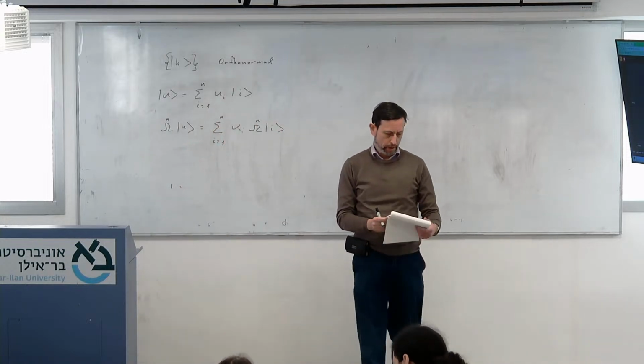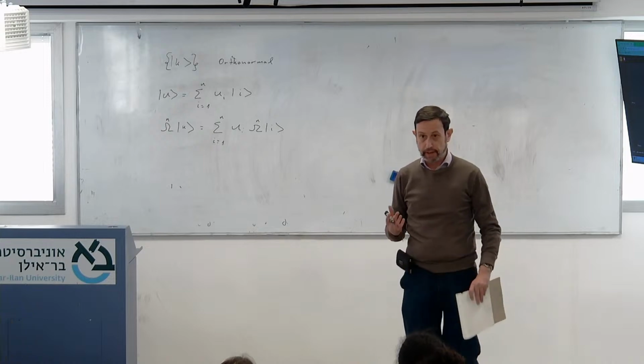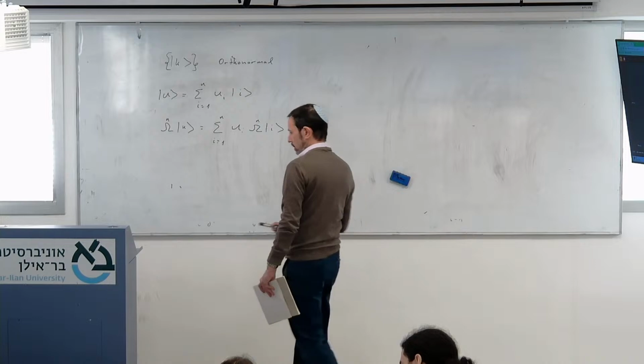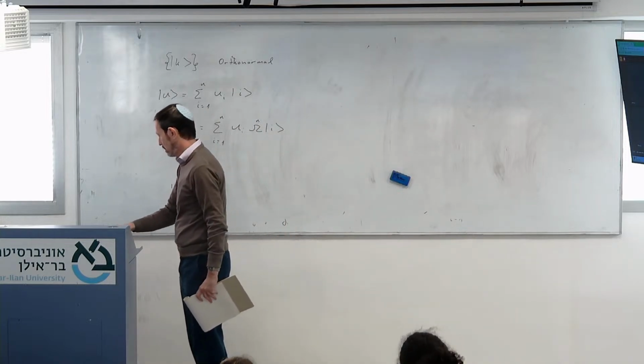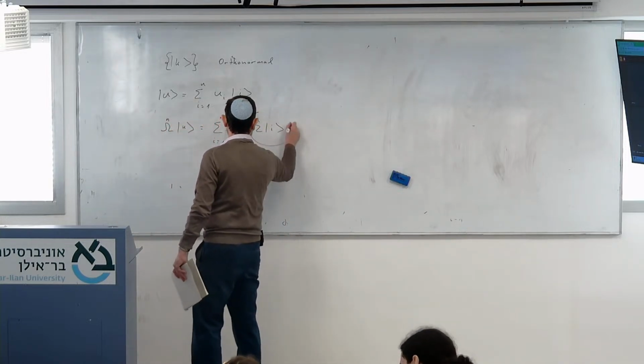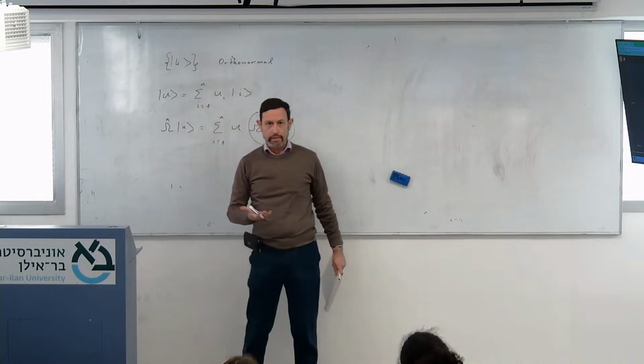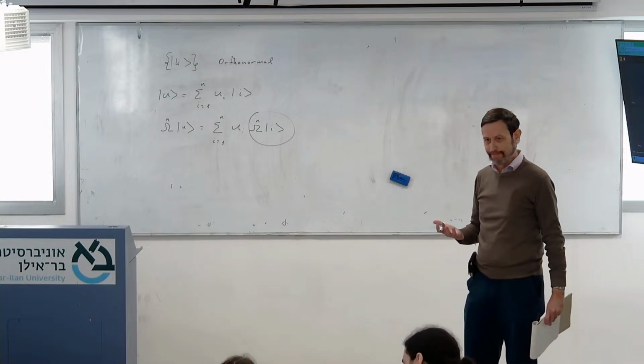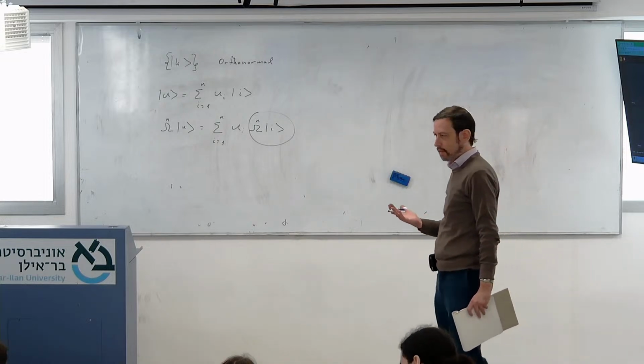All of this we have previously defined. What am I missing? In order to define the operator, I have to tell you what it is doing on each basis vector.